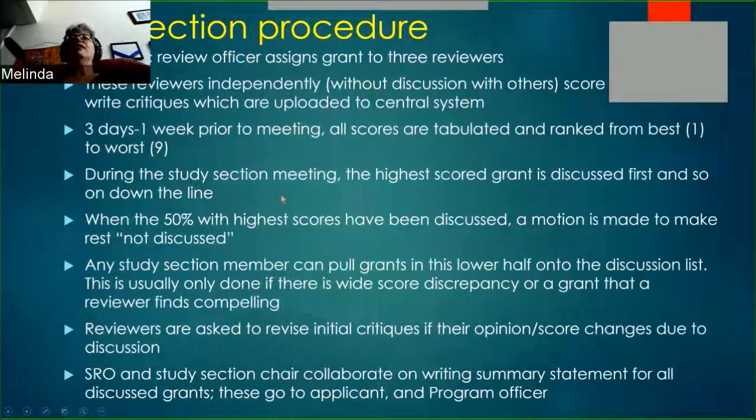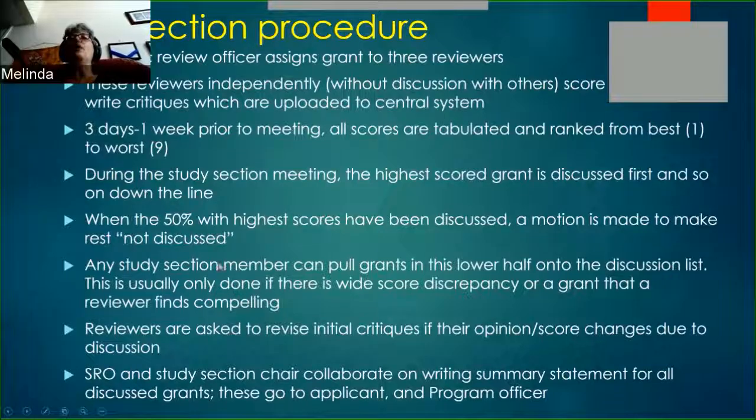After the top half of grants have been discussed, a motion is made to not discuss the rest of the grants. This is also what you may have heard of as triaging. Of the grants that received the 50% lowest scores in the initial review, any study section member can say, no, I think this grant, which was in the lower half of scores, should be discussed.